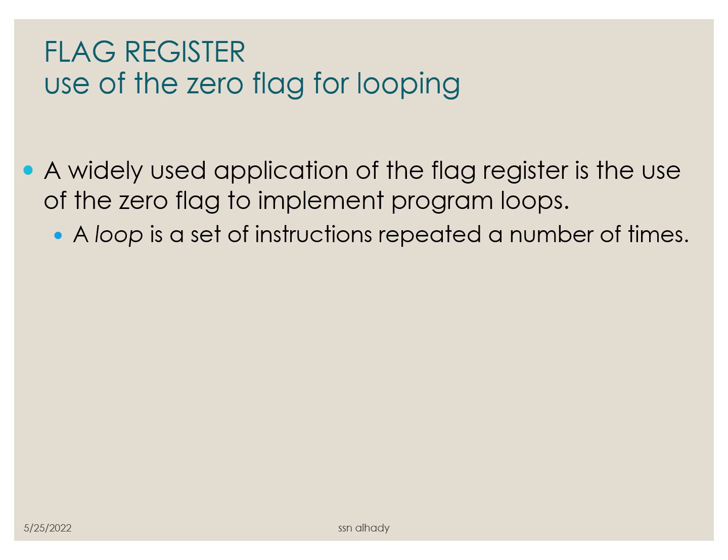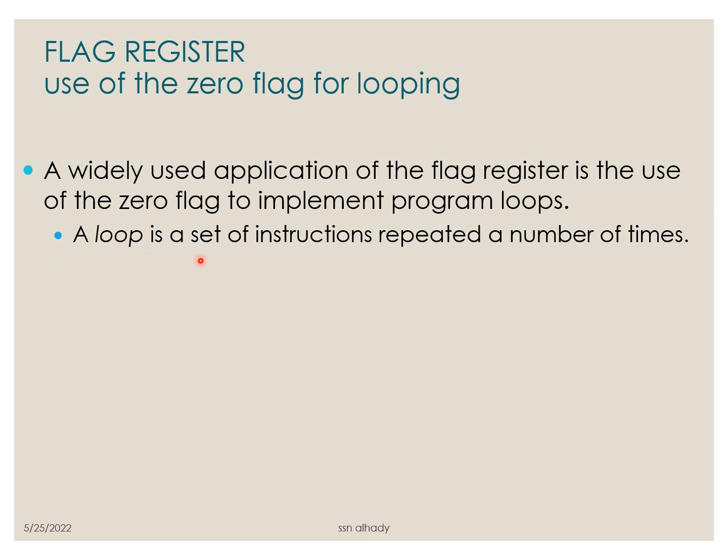Okay, using a flag for looping. This is one of the examples. A widely used application of the flag register is to use the zero flag to implement loops in a program. When you want to make a loop, you put a certain value and then you decrement until it becomes 0.